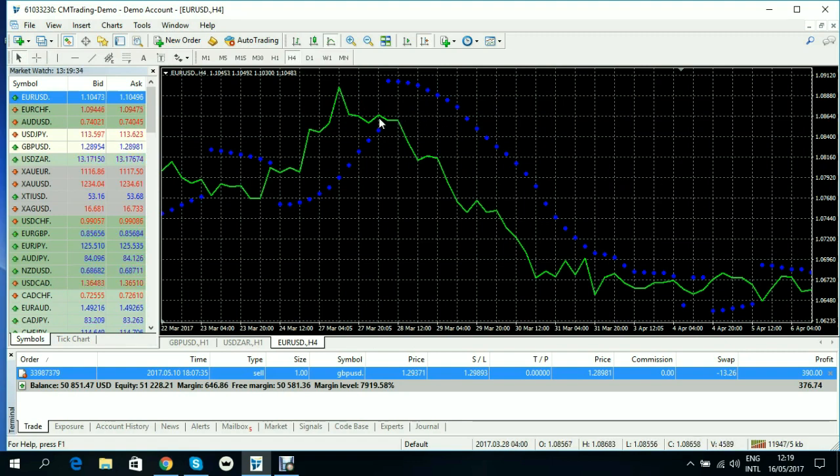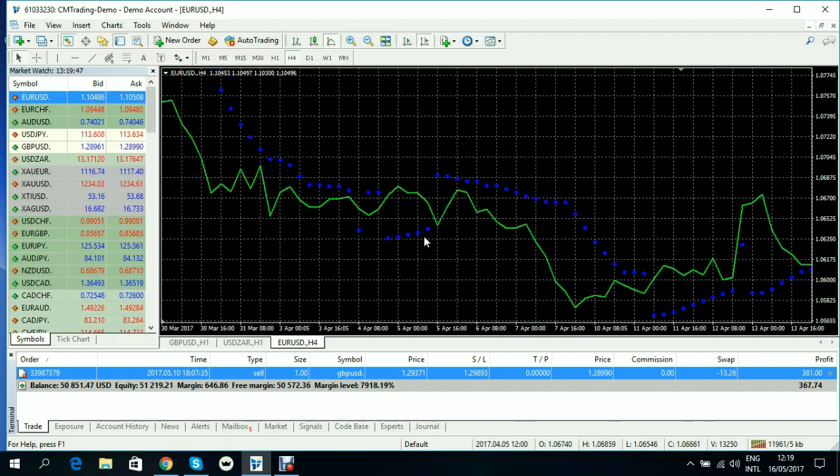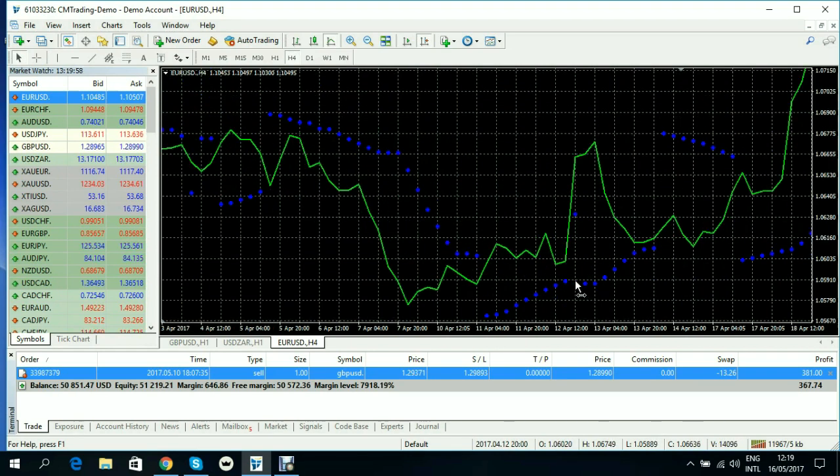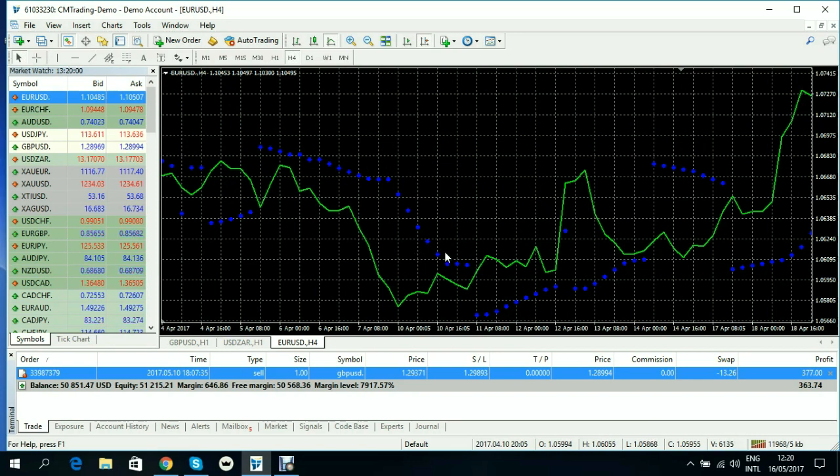For example, if you catch here when the dot appeared up here and you enter a sell, just look at it, you will be in throughout till say somewhere here, and if you still continue with it, you're still going to make a lot of profit.